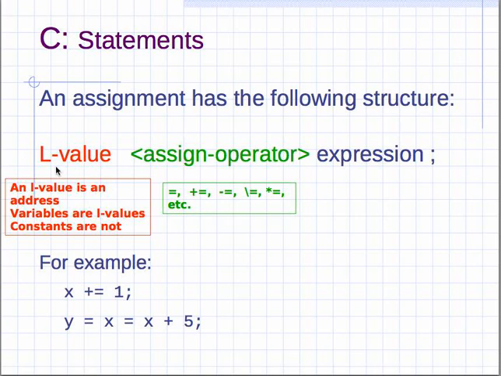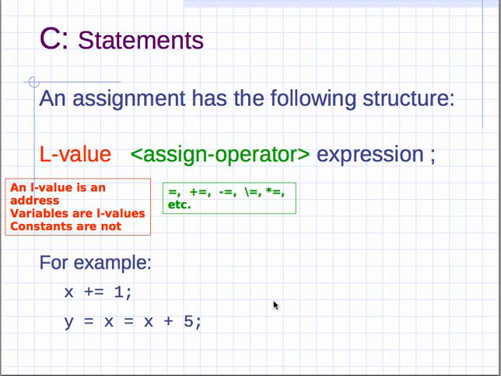So once again, L value, assign operator, which can be equal. The usual assignment operator is the equal operator, but you can also have plus equals, minus equals, slash equals, times equals, and so on. And on the right hand side is some expression. Whatever this expression is, what's important for the assignment is the value that this expression evaluates to.